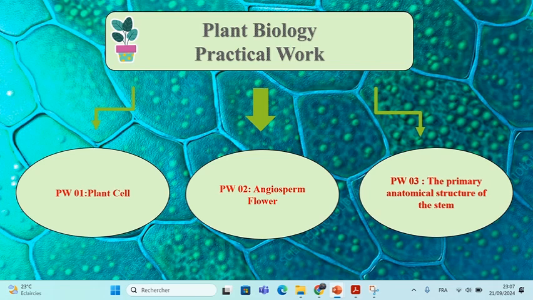The practical work of plant biology is divided into three practical works. The first one is plant cell, the second one is angiosperms flower, and the third one is the primary anatomical structure of the stems.